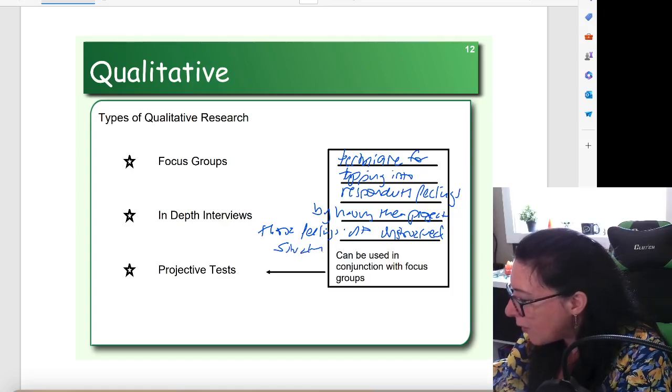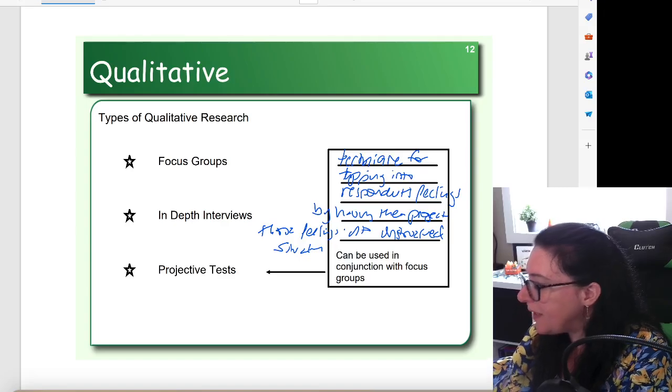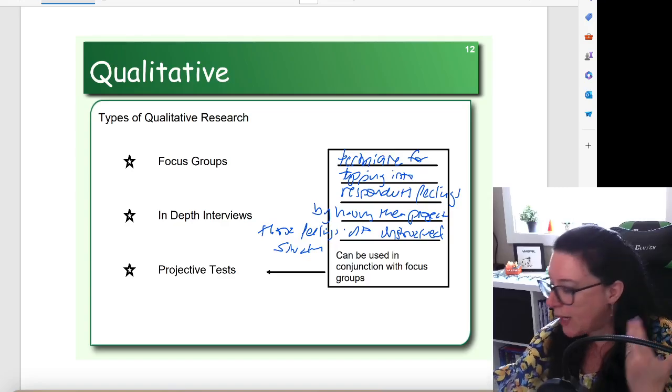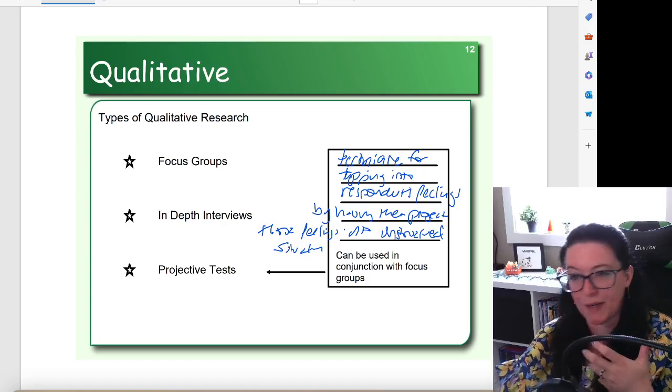So a technique for tapping into respondents' feelings by having them project those feelings into an unstructured situation.